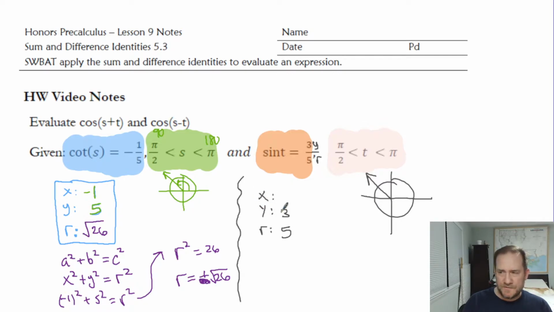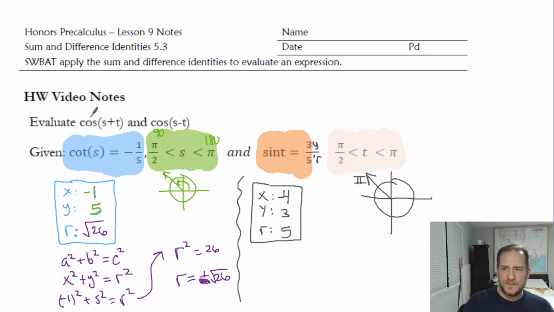This time around, you should recognize a 3, 4, 5 Pythagorean triple. You should know right away that x is 4, but it might be -4. You got to go back and think about the quadrant, and lo and behold, since we're in quadrant 2, we should be expecting a negative x value to go with our positive y value. But that's it. This one was actually a little easier. We've got our x, y, and r. So now what the heck is it we're actually doing?